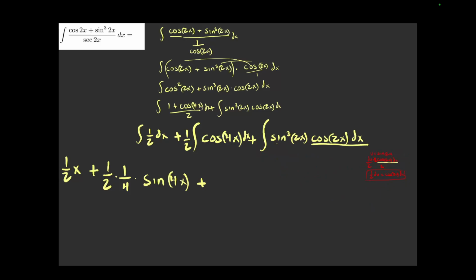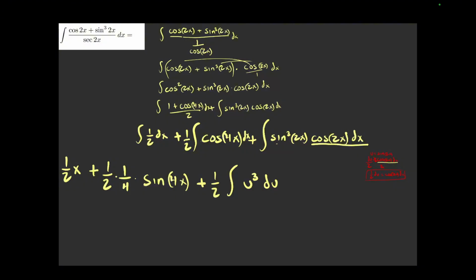So we have 1/2 du replacing the cosine 2x dx. I'm bringing that 1/2 in the front. The integral of u, because u is going to replace sine 2x, so we get u cubed, and then du replaces this.